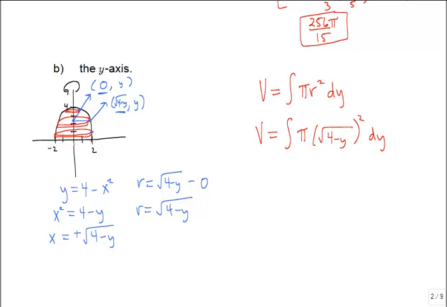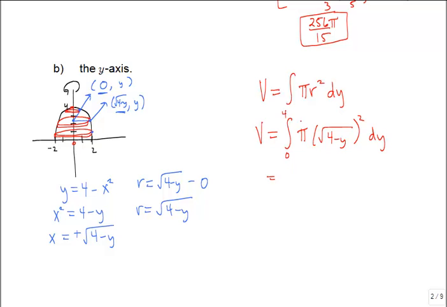So what's the lowest y and the highest y that I use? Well, the lowest y, I go down to that x-axis, which is a height of 0, and I go up to this height of 4. So my bounds for y are 0 to 4. So this is going to be my integral. Now to actually solve it, let's go ahead and square away that square root.